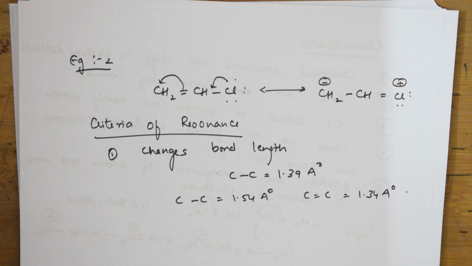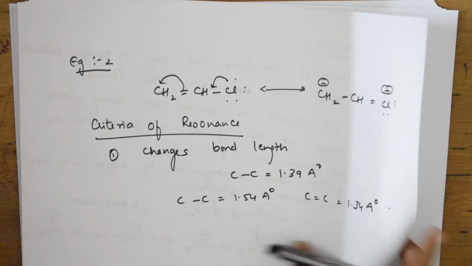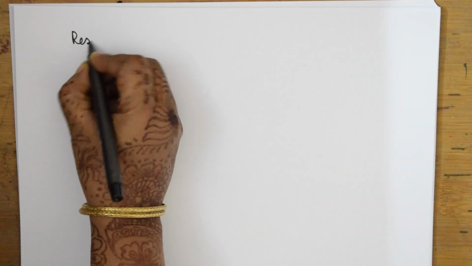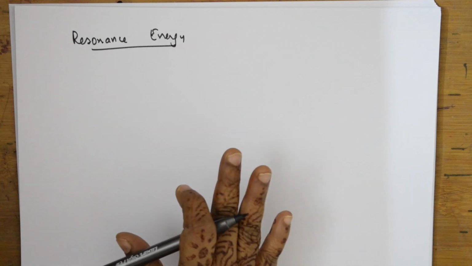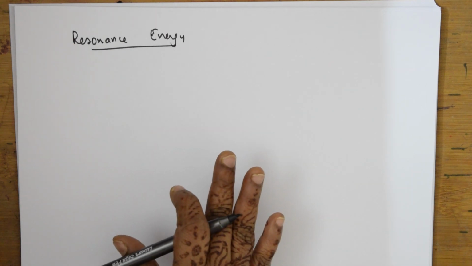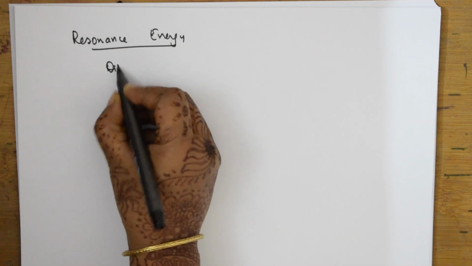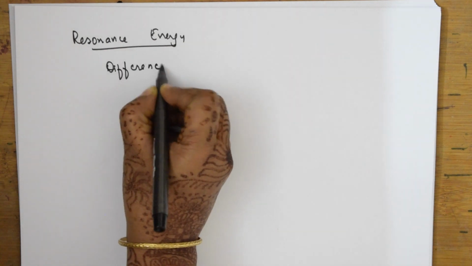Right? Yes. Next one, resonance energy. The next concept on which resonance depends is resonance energy. So what is this concept of resonance energy? Let's see. Resonance energy is defined as the difference in energy between the hybrid and the most stable canonical structure.